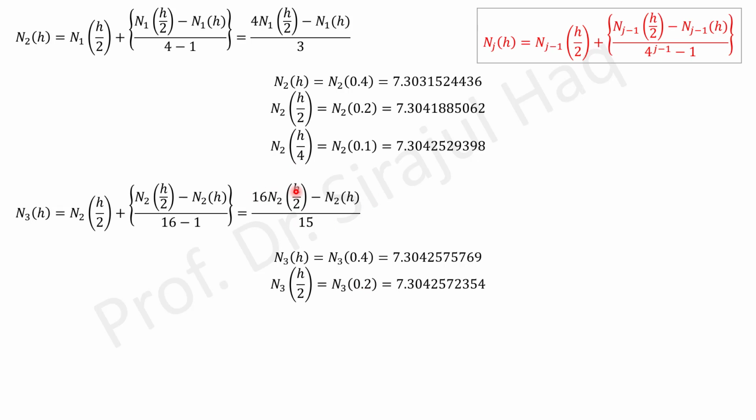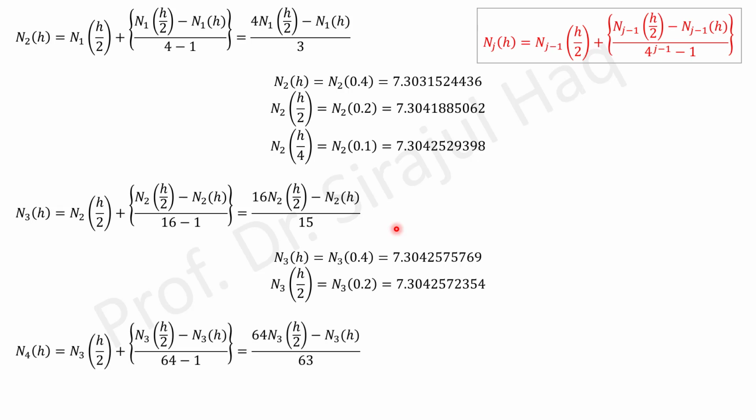So you need 0.2 divided by 2, which is 0.1, the value is available there, and N2 of 0.2 is available there. Substitute the values over here, and you are getting the value of N3 of h divided by 2.